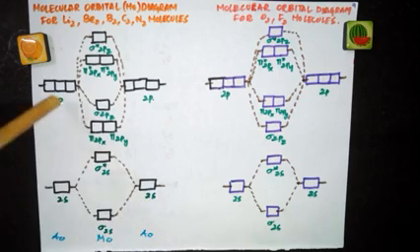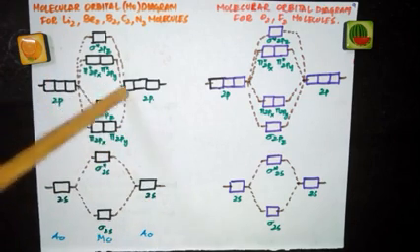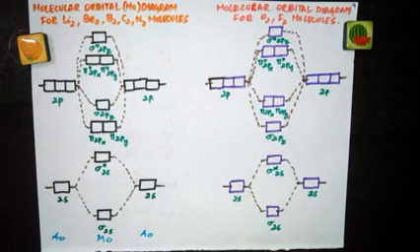Now 2s is over. Now coming to 2p. In 2p, we have 2px, 2py, 2pz. Same way we have 3 here. And we know when 2p and 2p undergo combination, we will get 6 molecular orbitals. What are they? Sigma 2pz, pi 2px, pi 2py. Sigma star 2pz, pi star 2px, pi star 2py. And we know the order.